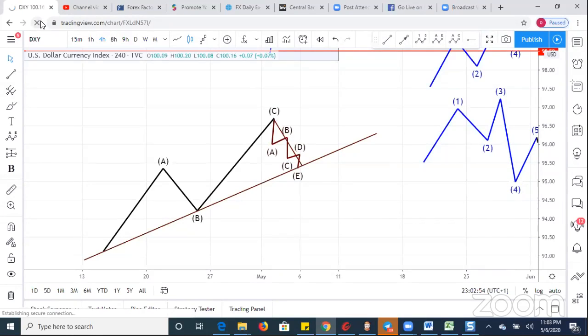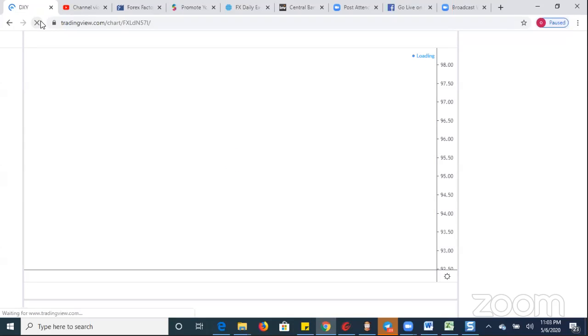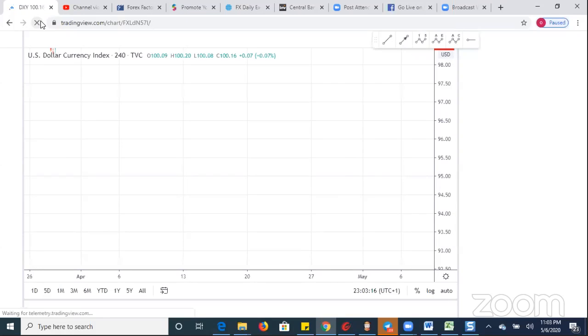We analyzed the DXY, and I was of the opinion that the DXY will be bullish this week, because it's giving us the footprints that it wants to be bullish. Check the PD array. The DXY had more reasons to go bullish than to be bearish. Let's wait for TradingView.